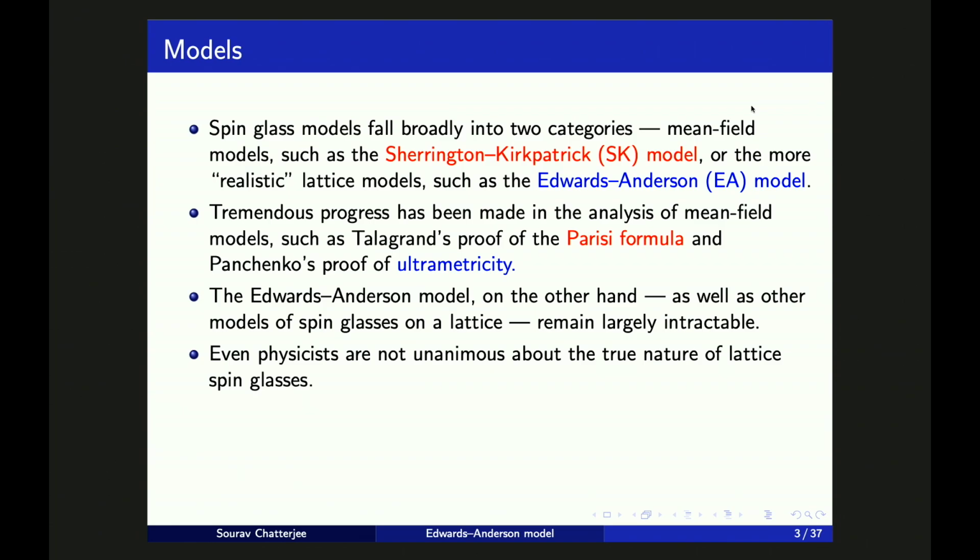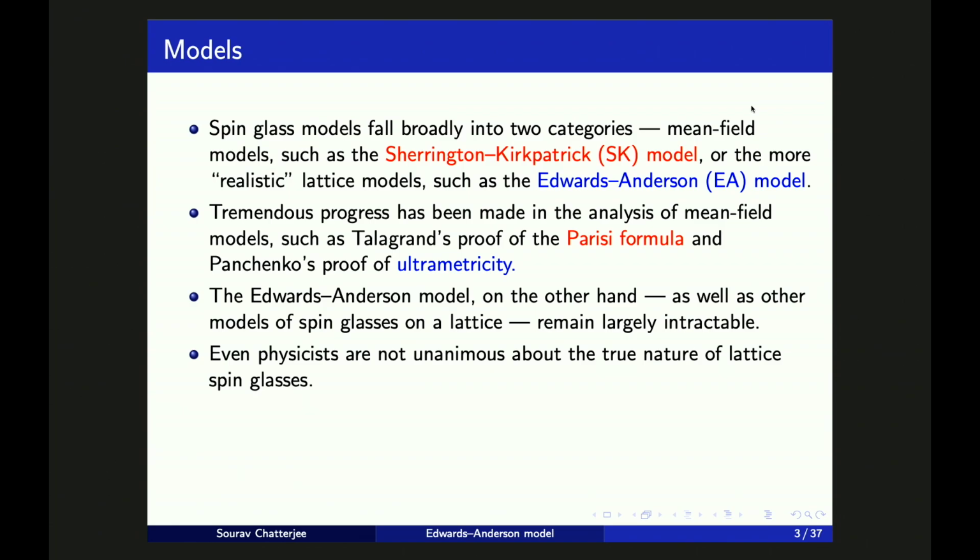It's so problematic that even the physicists are not unanimous about the true nature of lattice spin glasses. Usually the way it goes is that physicists give us the conjectures, and then we try to prove things. But here they have given different things: one group has given out something, the other group has given out some other thing.